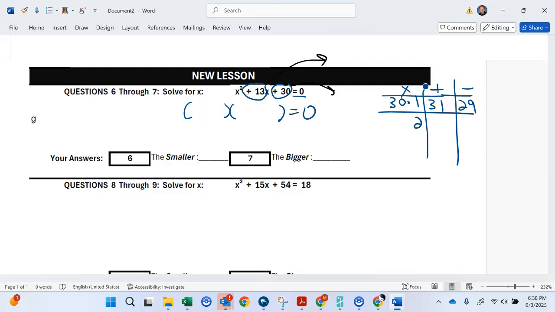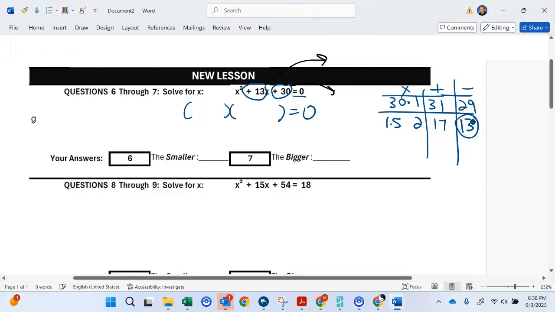So we keep going. We try 2 and 15. 15 plus 2 is 17. 15 minus 2 is 13. So maybe 13 looks good, right? So that would be x and over here, and then we could do 15 and 2.